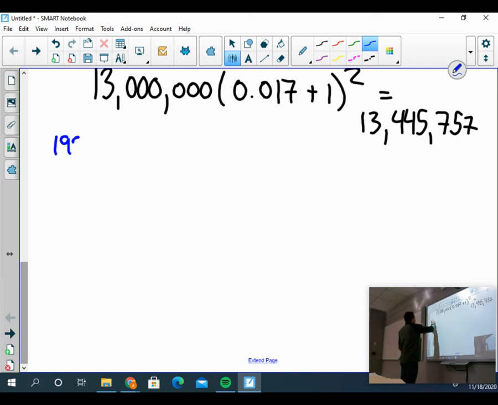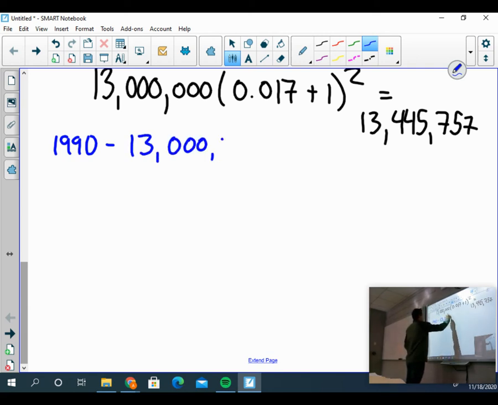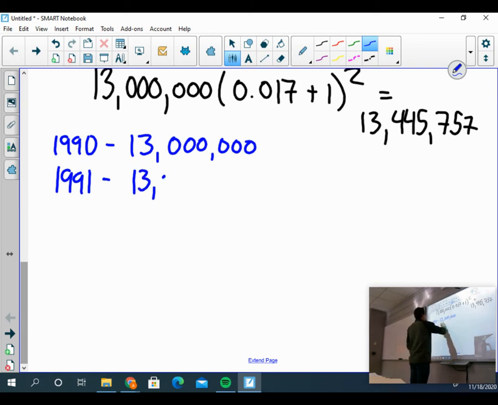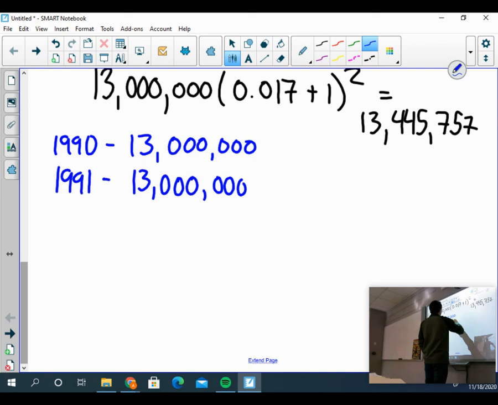In 1990, and this is the part I really want you to hang on to, our population was 13 million. In 1991, our population could be found using this setup. It's the same setup you all had, I just edited it a bit.